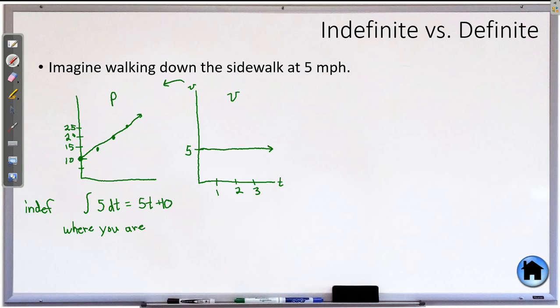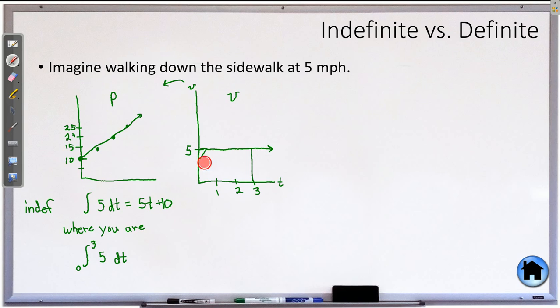The definite integral sort of connects these two ideas. And so the definite integral looks like this. Let's say we think about the integral from 0 to 3 of 5 dt. And so what that does is it looks at our graph over here, and then it takes the area underneath the curve.